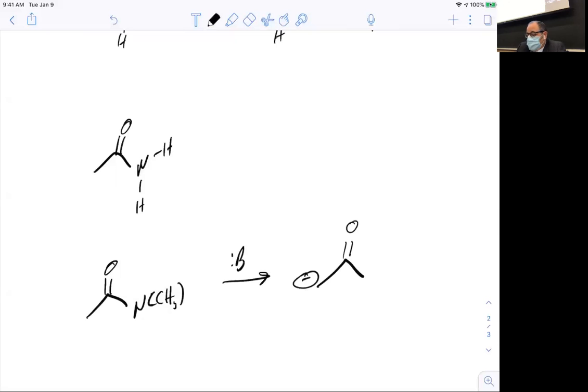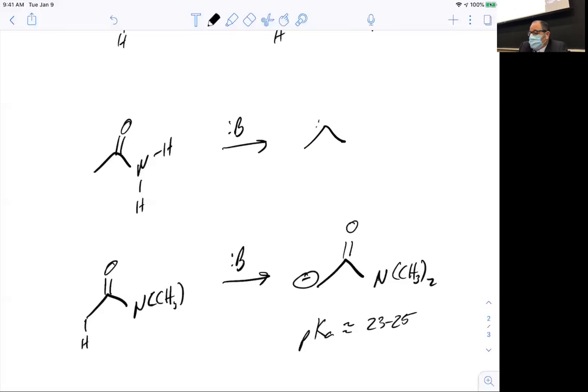is actually deprotonation of the proton on the other side, mainly because there are no protons attached to the nitrogen, right? And our pKa value here, 23 to 25. But when we have a proton attached to the nitrogen, we can actually get to the negative proton here, and our pKa is around 20.